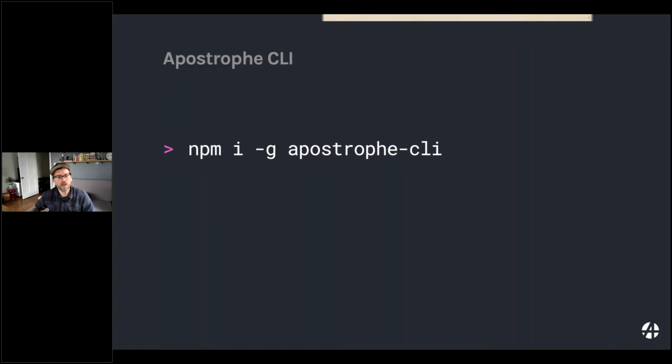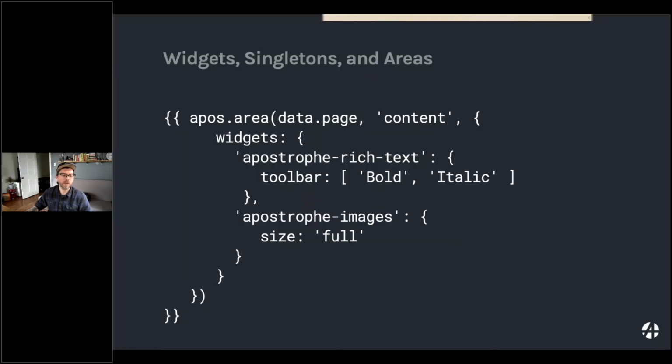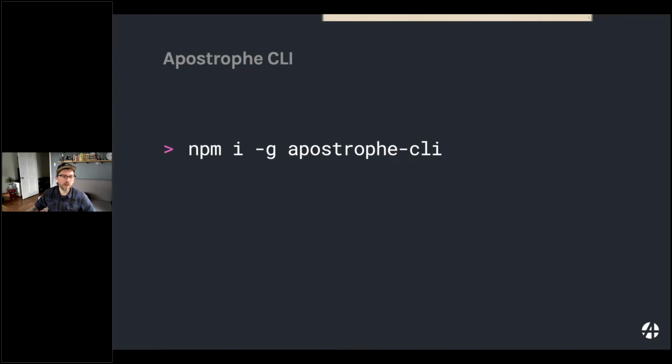The next thing we're going to cover a little bit is the Apostrophe CLI. This is a tool that allows you to quickly scaffold your project or pieces of it. I will say the most commonly used part of this is probably just the create project command and to initialize and create the admin user for first time login.